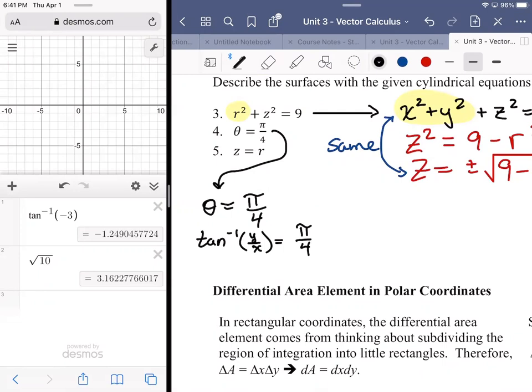What I could do is take the tangent of both sides here and get y over x is equal to the tangent of pi over 4. Oh, sorry, tangent, not inverse tangent.